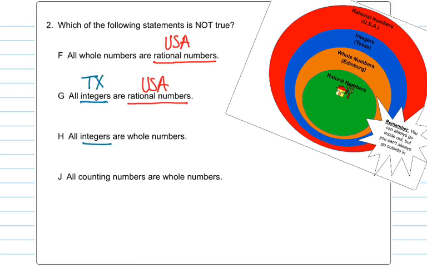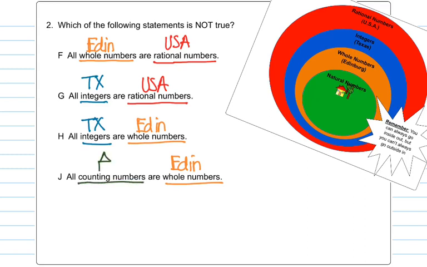I'm going to put Texas. Then I'm going to go on to whole numbers and put Edinburgh. And remember, counting numbers is the same thing as me saying natural numbers, which is your house.